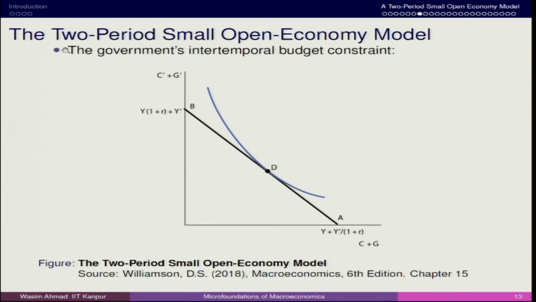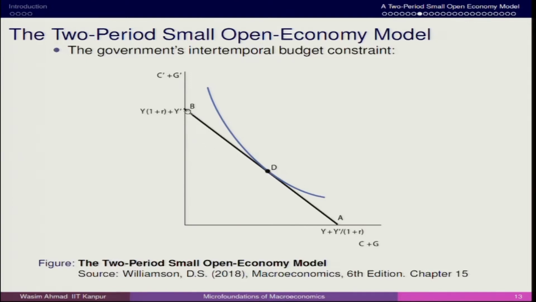The 2-period small economy model. If you think about the budget constraint, this is how it looks. As I mentioned, we will have two important axes: C plus G and C' plus G'. Here you have Y into 1 plus R plus Y', and here you have Y plus Y' upon 1 plus R. D seems to be the most obvious choice.